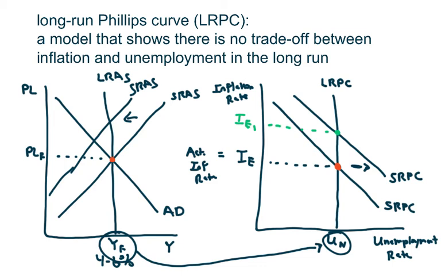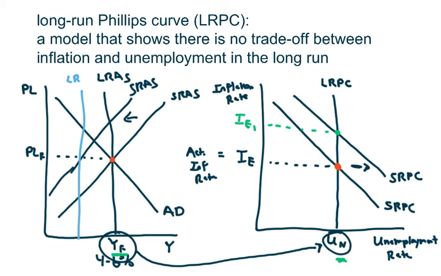So the question is, well, then what would move the long run Phillips curve? And maybe if you've been paying really close attention, you might already know. But the answer is the only way to move this circle is to move this circle. And so the way we do that is if we can move the long run aggregate supply curve.